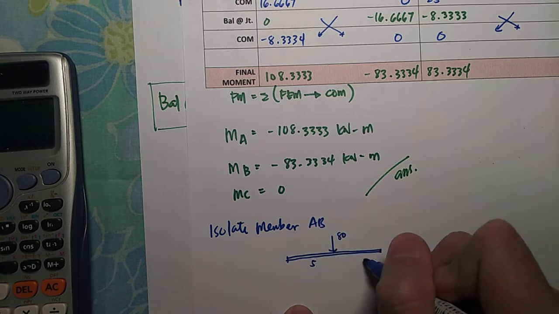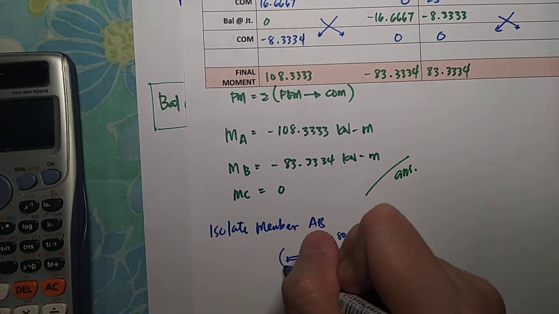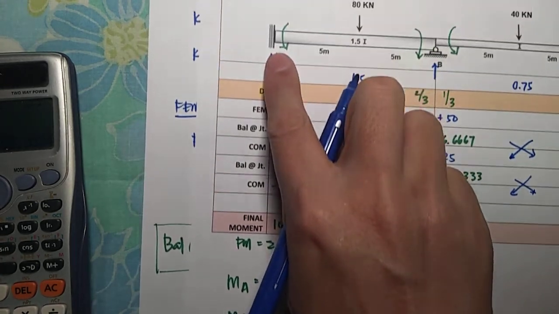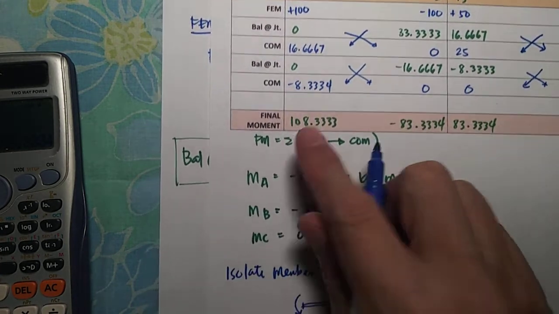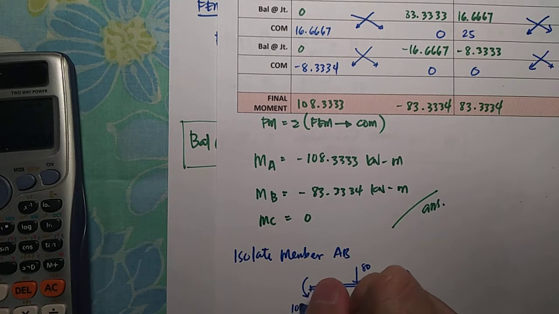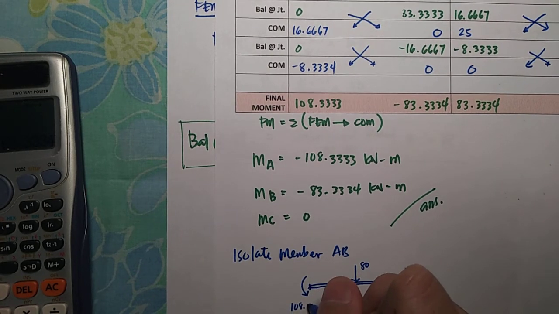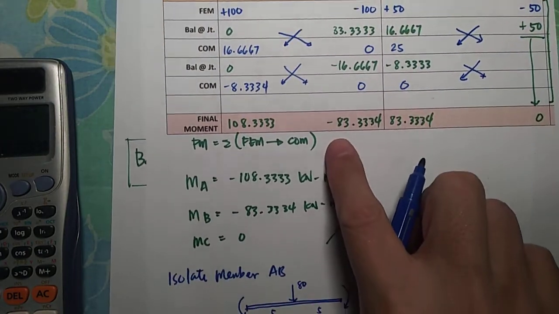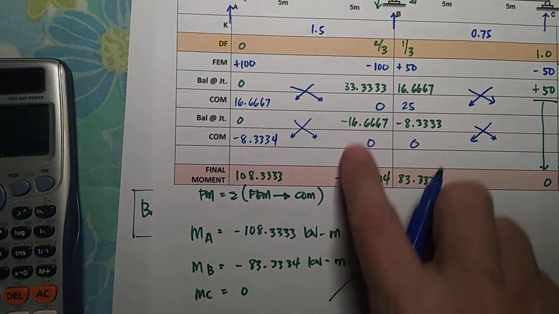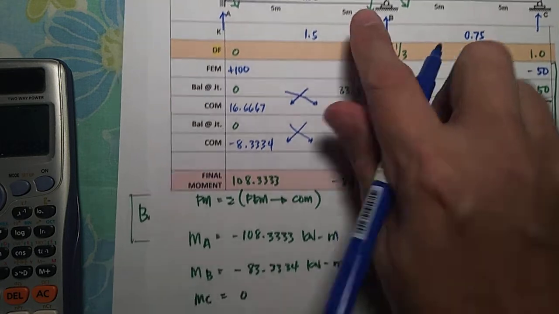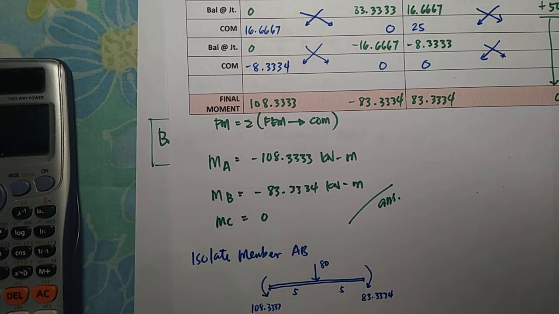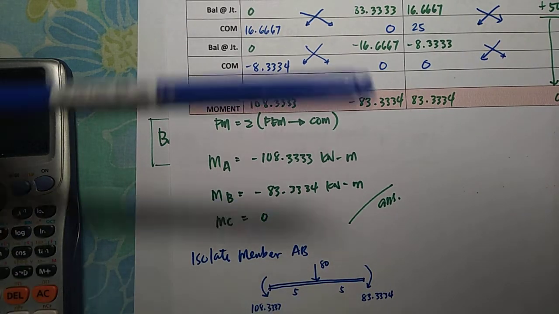So 5 meters. May moment ako rito. Etong moment na to is 108. Tapos yung moment dito is 83. Hindi ko na ilalagay yung negative kasi nilagay ko na yung tamang direction eh. No? So magiging positive 83 na to.